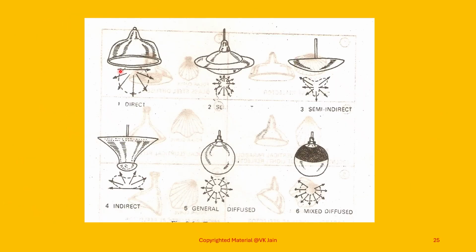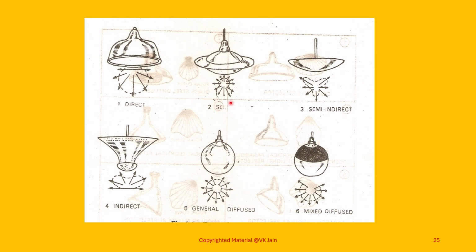Friends, this diagram shows the type of suspended luminaire. The first one is direct type of luminaire. The second one is semi-direct type.